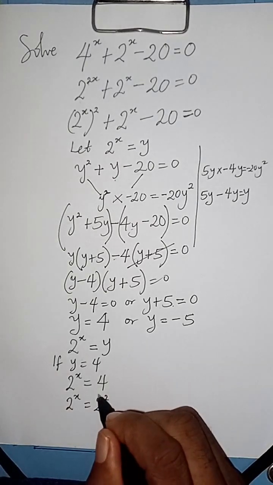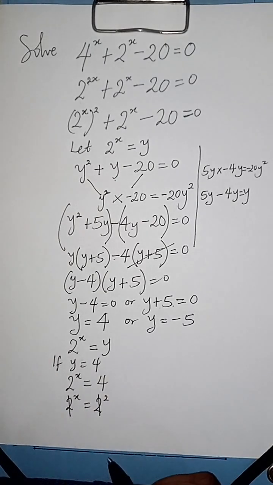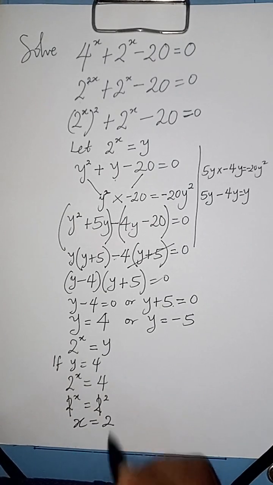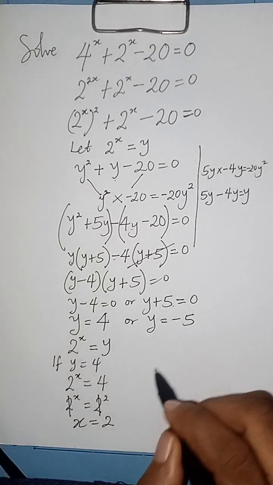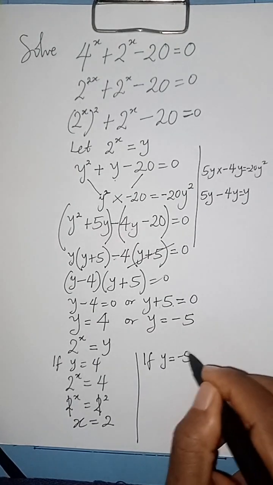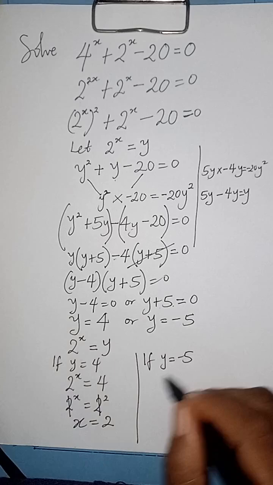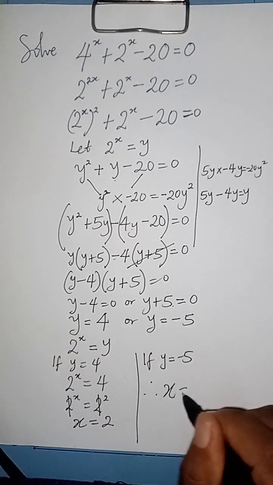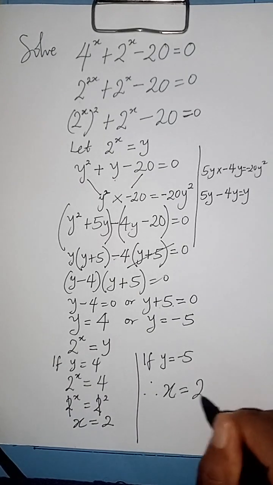You equate the powers, since the bases are the same, and x is equal to 2. But now we cannot use the case where y is equal to minus 5, so this will be left out. Therefore, our solution to the question is x equals 2.